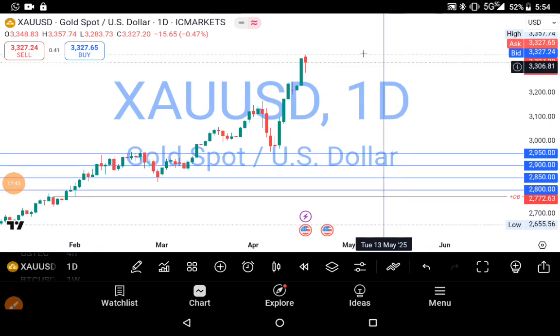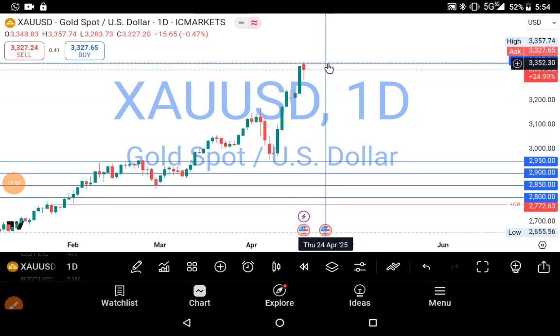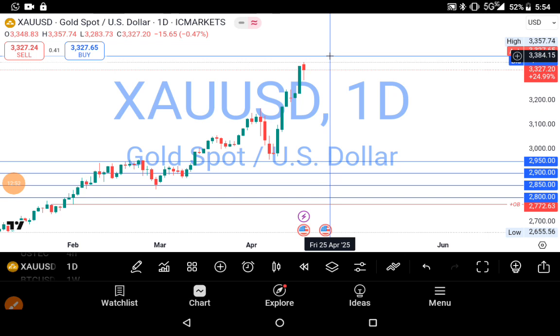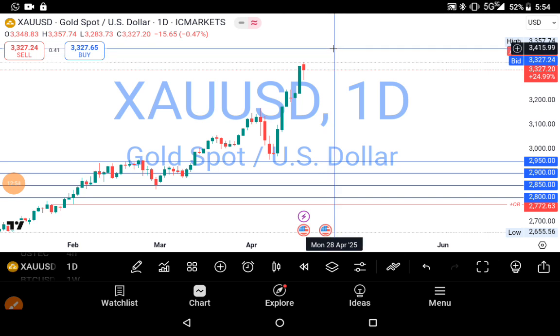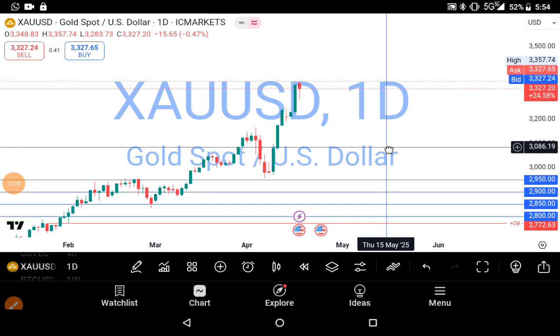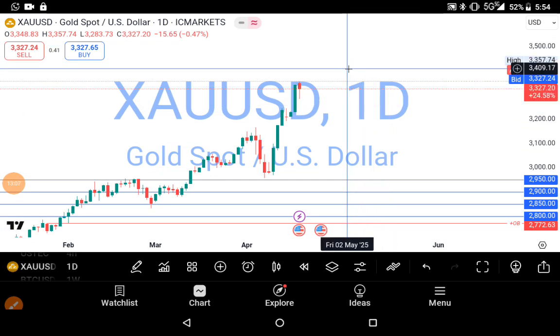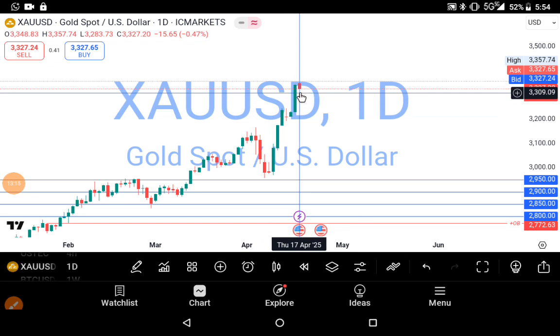So the market price still trades above 3,100, but we are yet to visit 3,400 officially. 3,400 was short of some movement, because the high of this candle comes in at 3,357.